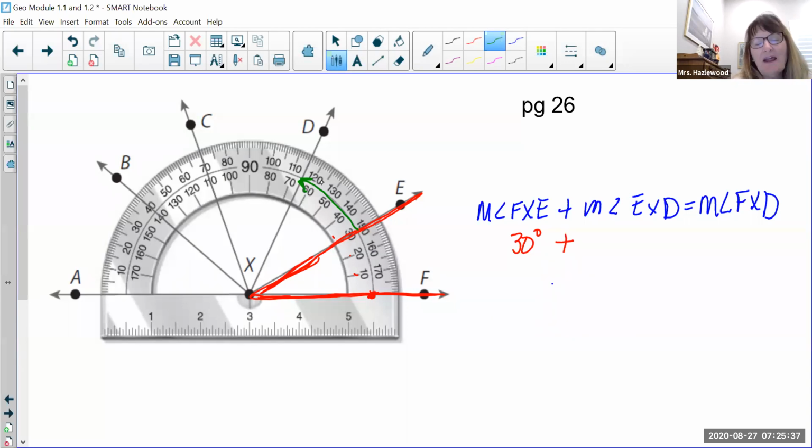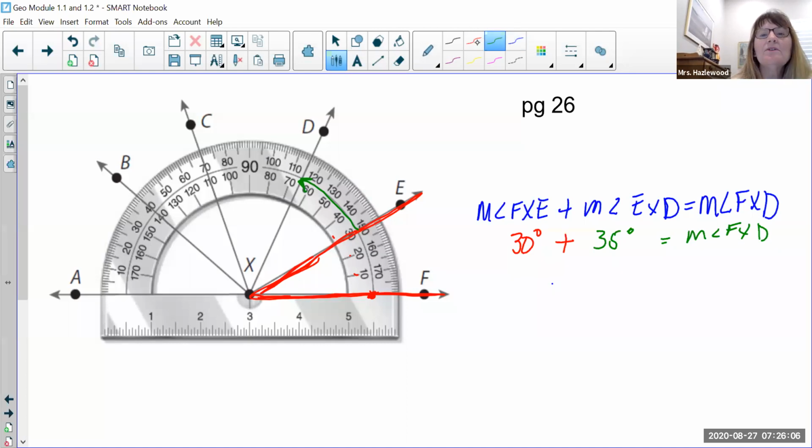You don't have to do that, but I just want to tie it into what I just taught, using that segment addition. Basically we know that 30 plus 35 is up to 65, so this is 35 degrees, and that is the measure of angle EXD.